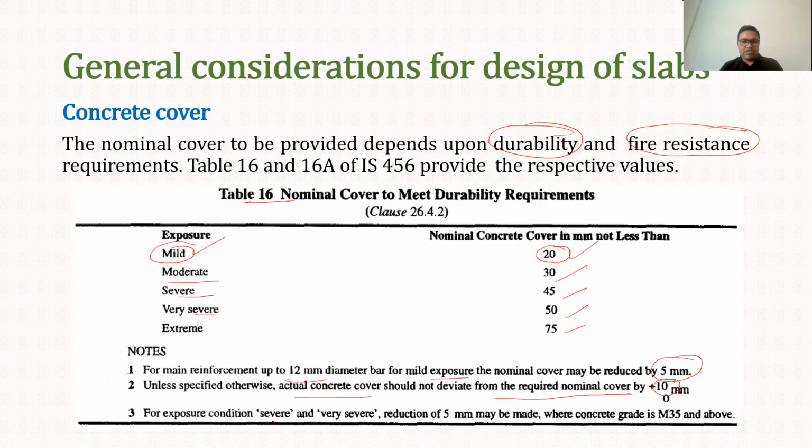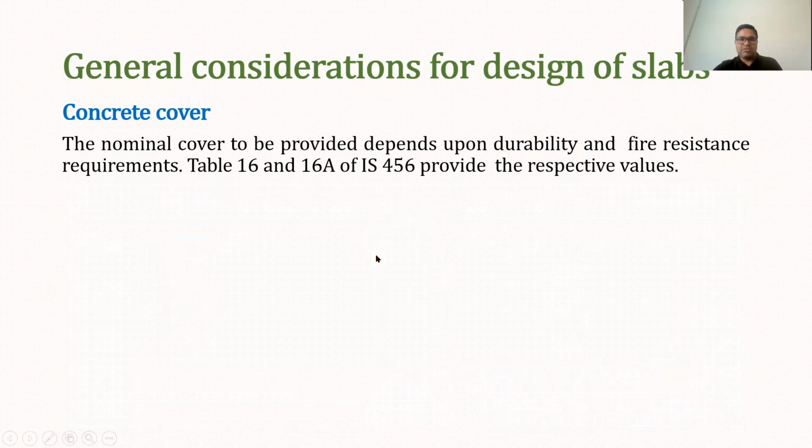And for exposure conditions severe and very severe, we can reduce the cover by 5 mm if we are using concrete of grade M35. So these are some of the notes provided here to guide the value of covers. So this is Table 16, so cover can be dependent on exposure.